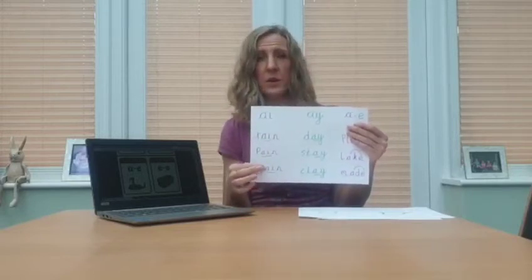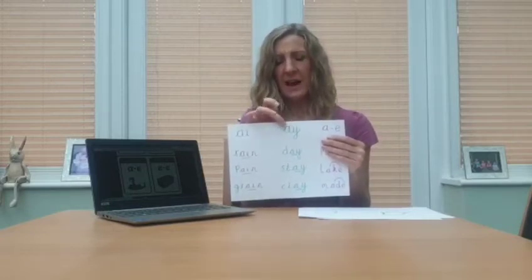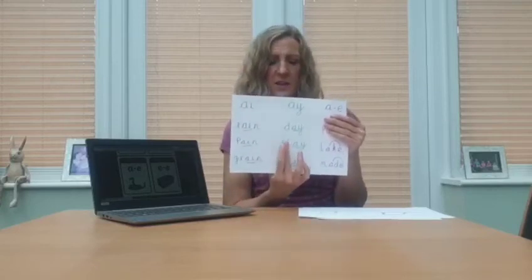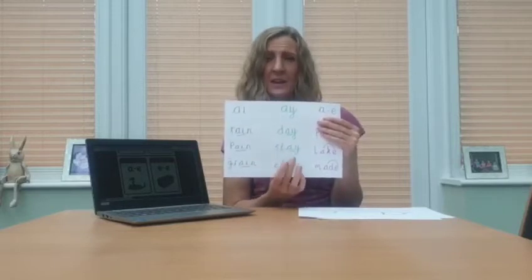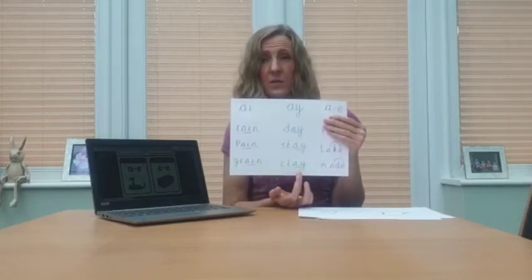So the Phase 3 ai digraph is usually in the middle of the word. Also in Phase 5 we look at the ay digraph, and that's in words like d-ay, st-ay, cl-ay, to make clay, and all of those are usually at the end of the words.